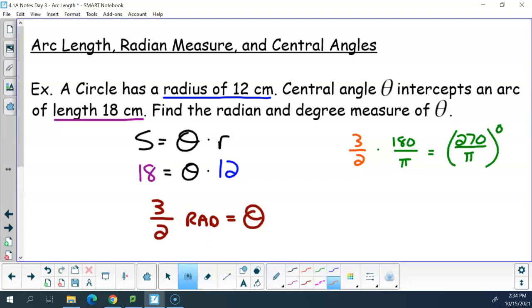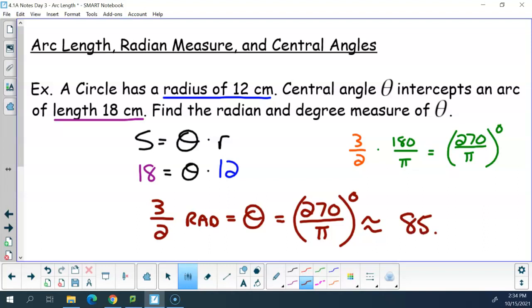So that is approximately, I get 85.944 degrees.